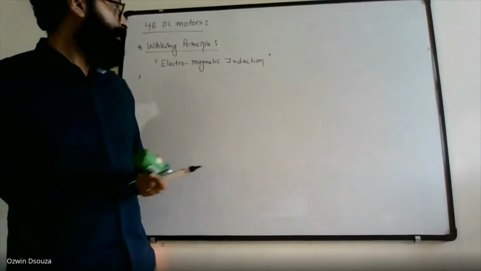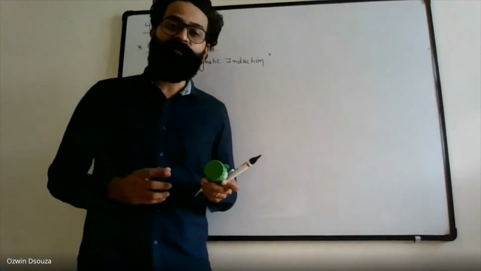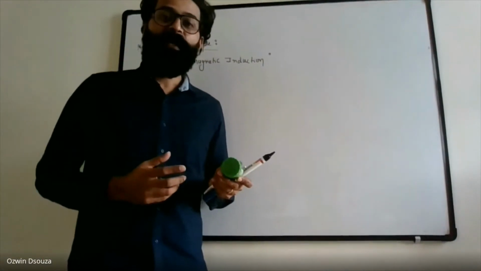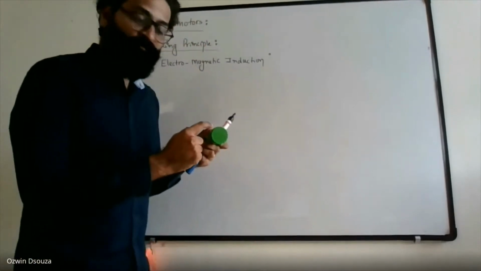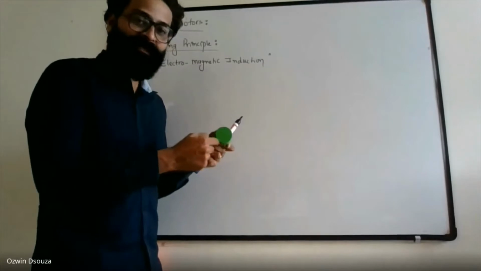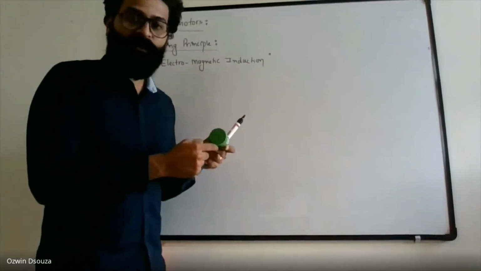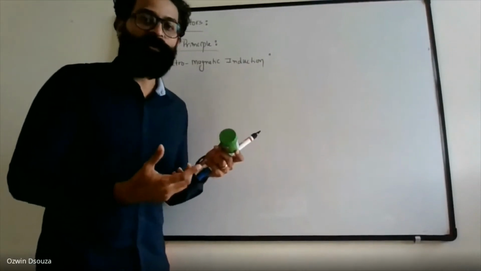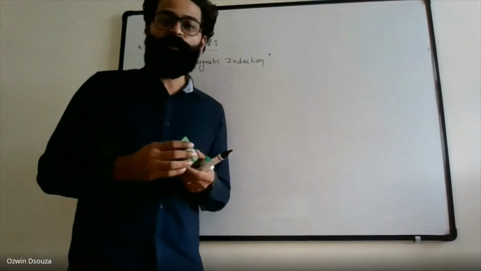Let me repeat. Whenever a current carrying conductor is placed in a magnetic field it experiences a force. Force acting on the circumference of the cylindrical rotor gives rise to torque, and this torque makes the motor rotate.